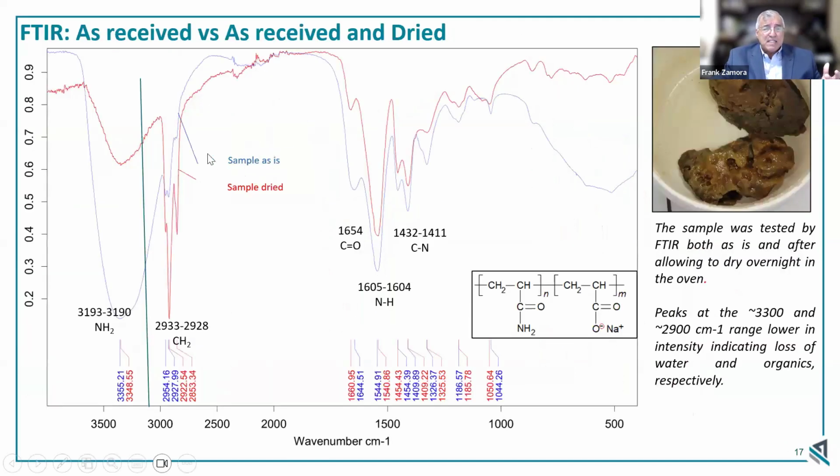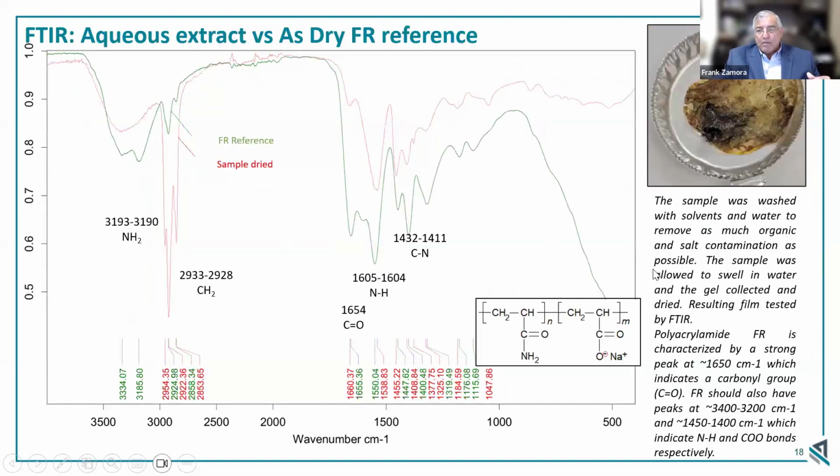So we take the sample as is, and this is the blue line, and the water also resides over here. So whenever you see a reduction in this particular peak, that means we dehydrated and pulled the water off. So again, we're looking at these good functional groups to try to help identify what this particular product may be, or what this flowback material may be.